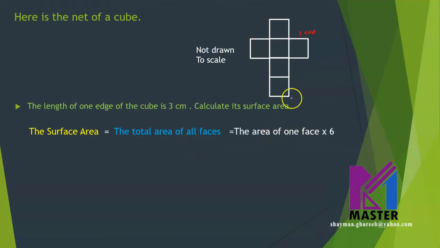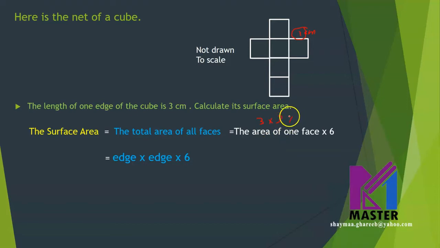So how to find the area of one of these squares or one of these faces? The side length is 3. So we are going to multiply the 3 by itself, or square the 3. So edge times edge, this is the area of one face, which is 3 times 3.